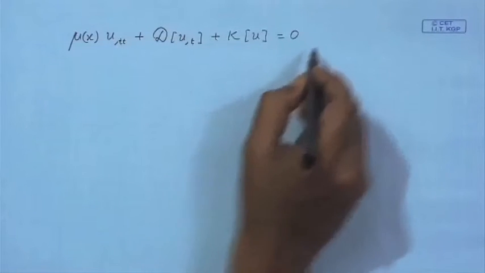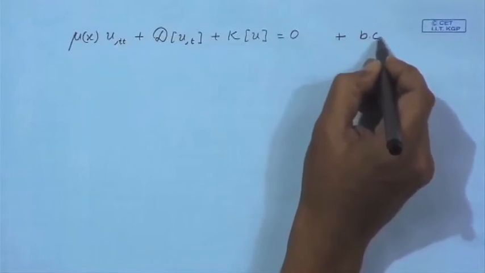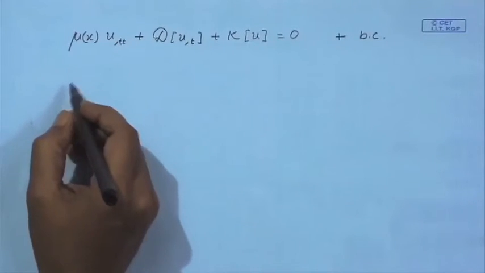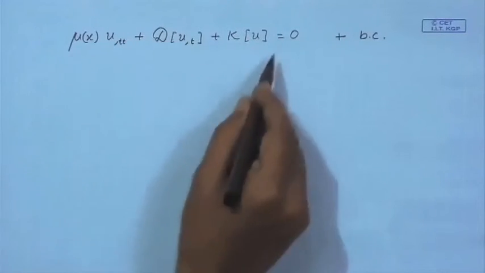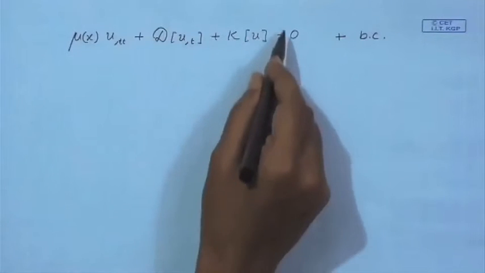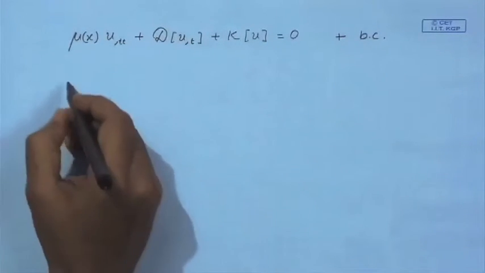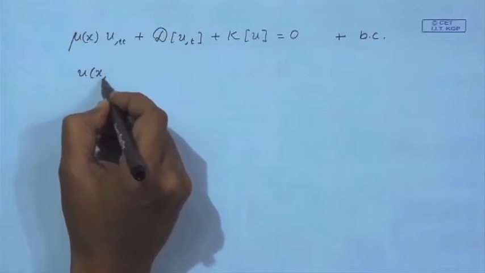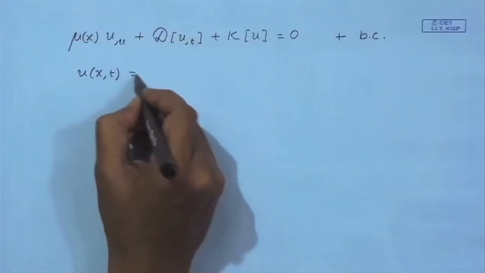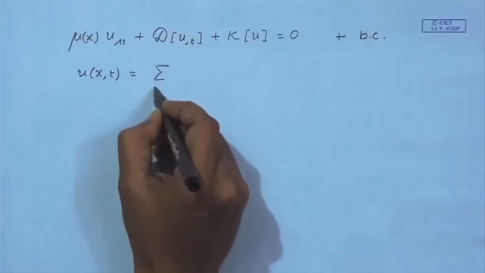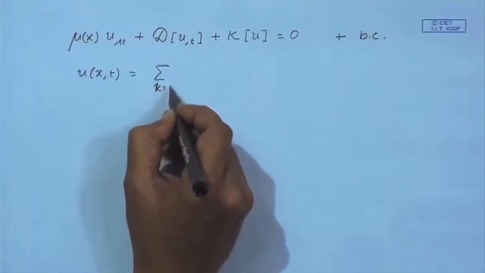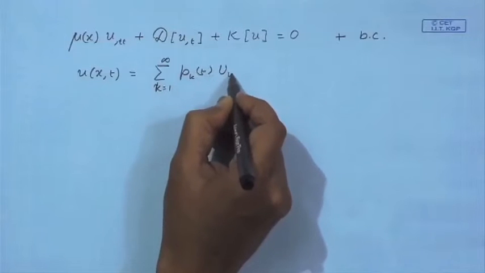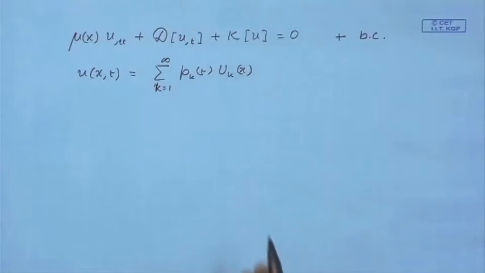Along with certain boundary conditions, let us try to find out the solution, or let us say let us discretize this system as we have done before using the modal expansion.